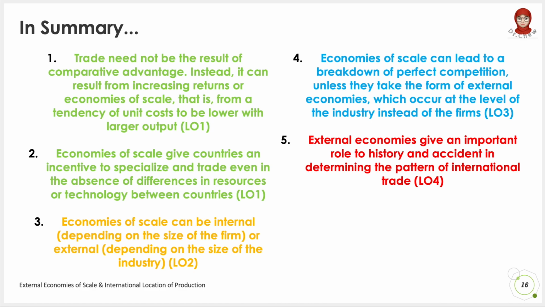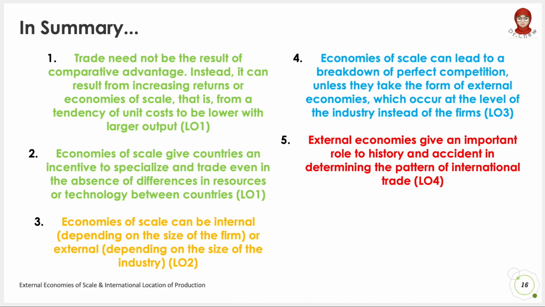Economies of scale give countries an incentive to specialize and trade, even in the absence of differences in resources or technology between countries. Economies of scale can be internal, which depend on the size of the firm, or external, which depend on the size of the industry.